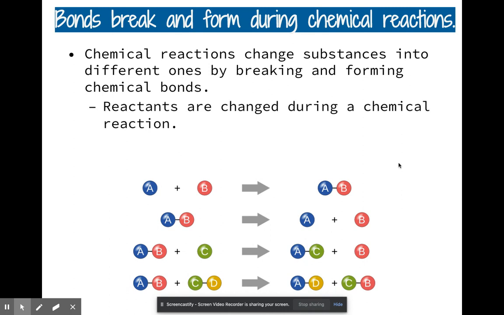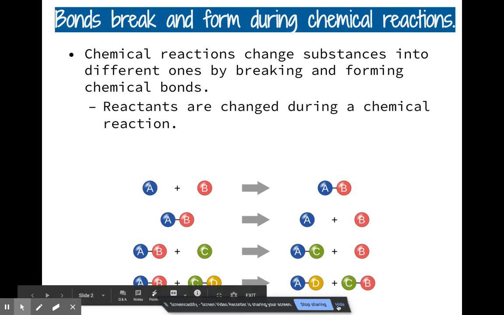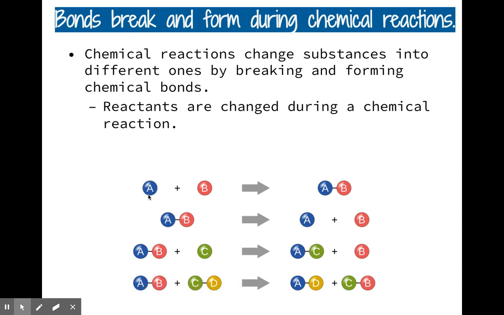Reactants are changed during a chemical reaction. So if I look here at these reactions, I have A plus B, and then I get this molecule AB. In this instance, the bond is being made. I have AB, which gets broken down to A plus B. I can see here that this molecule is being broken down.